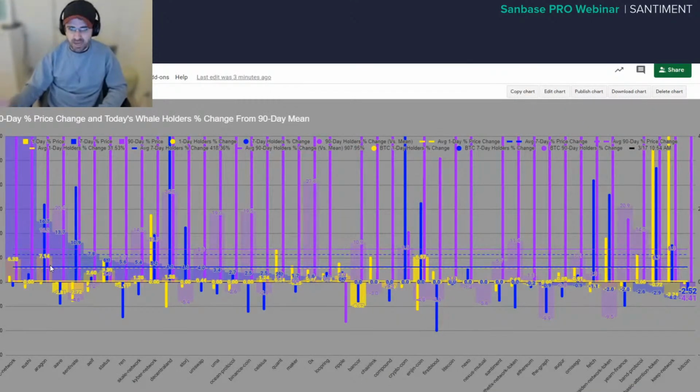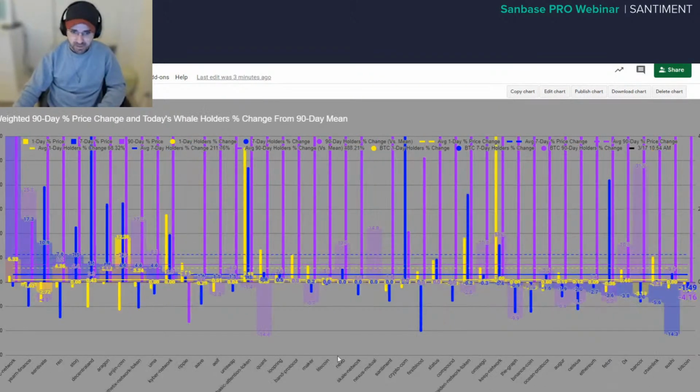And on top of this chart, we have two other charts that basically show the same thing, but in a different fashion. One is the weighted infographic. And what this does is essentially multiply those top tiers by 10.